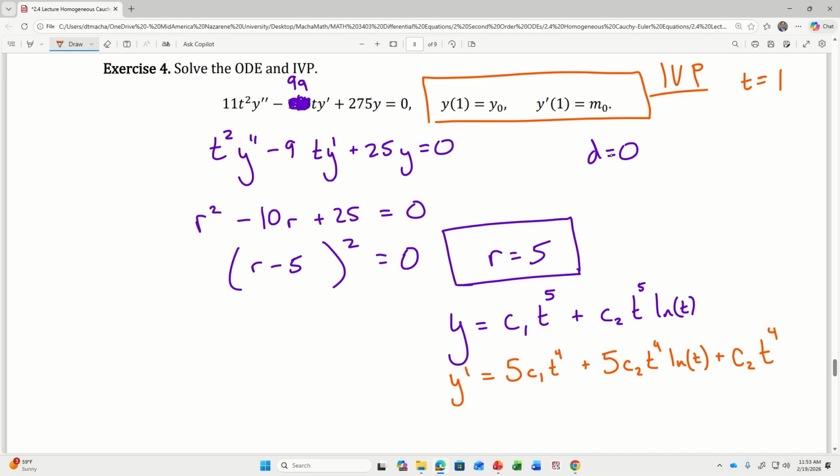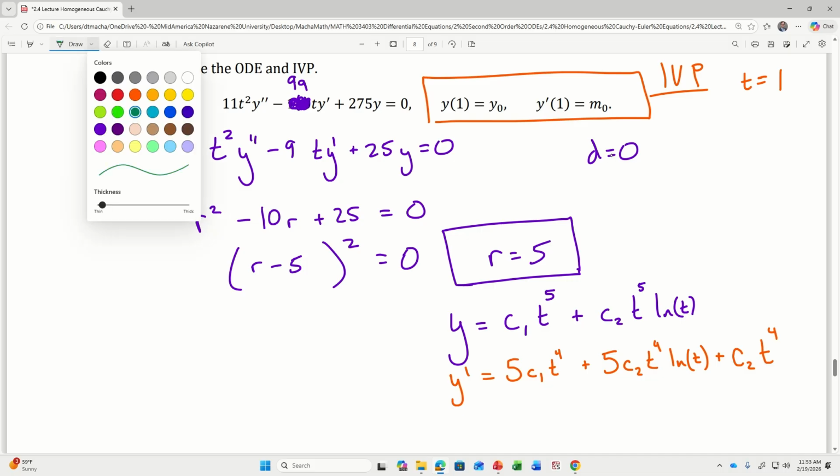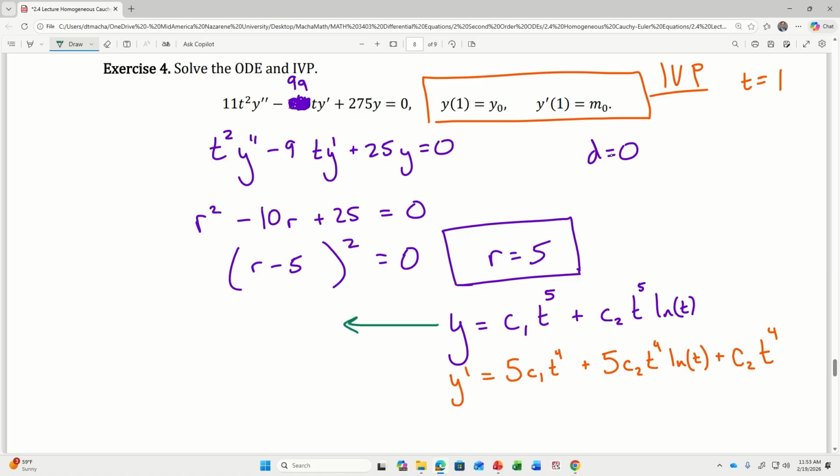And then we apply initial values. So this would tell me y0, when I plug in t is equal to 1, is going to be c1 plus c2 times 1 times natural log of 1. But natural log of 1 is 0.